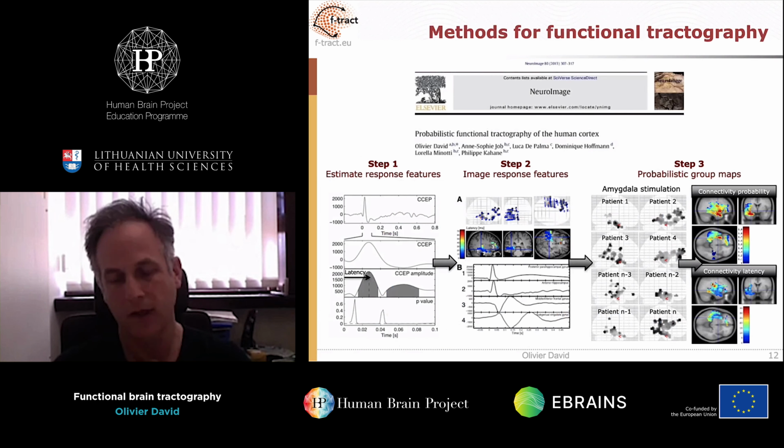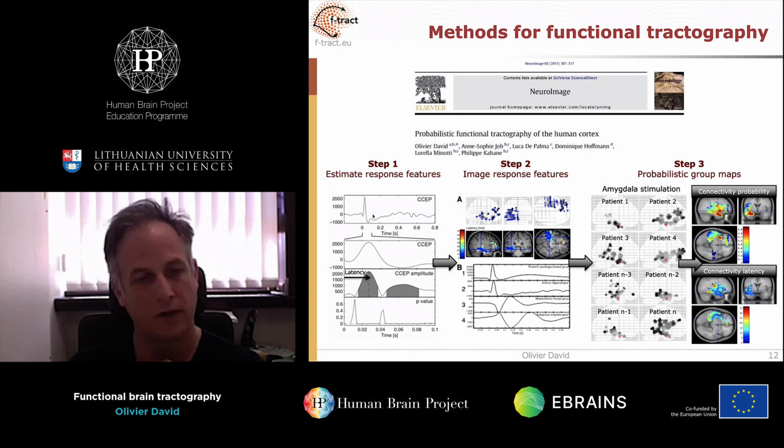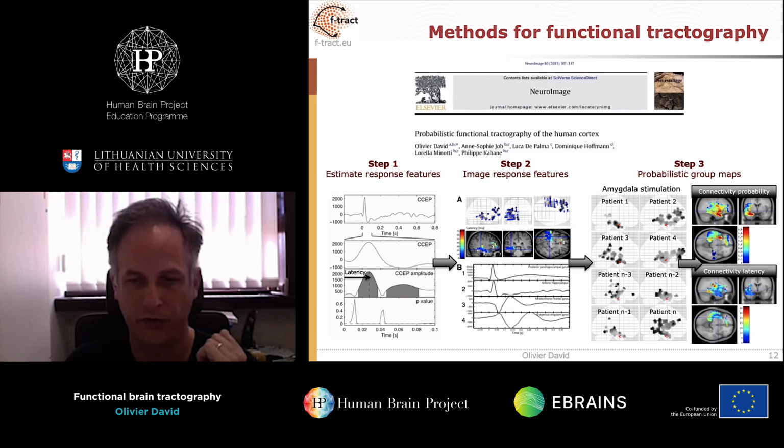And basically, in a nutshell, the processing of the data is first to compute the CCEP in all patients, to quantify the response, for example, with the latency or the amplitude of the response, the delay, and to map those responses into the brain by co-registering the electrodes to the MRI of the patient, so by doing neuroanatomical studies.